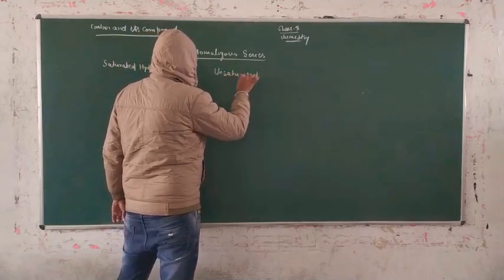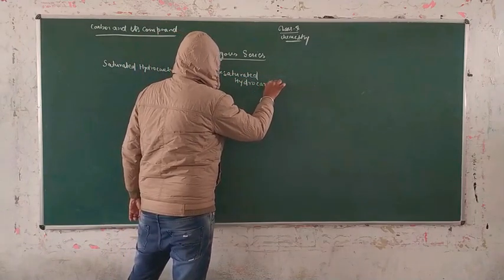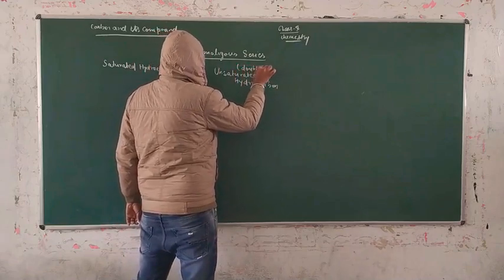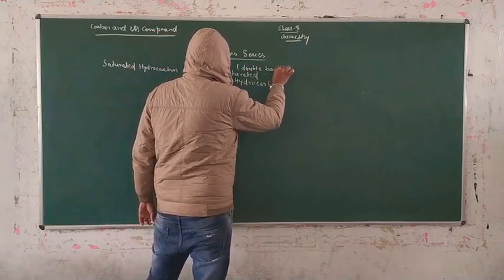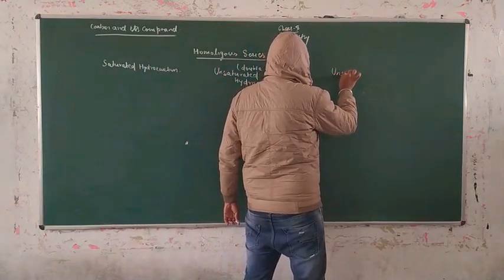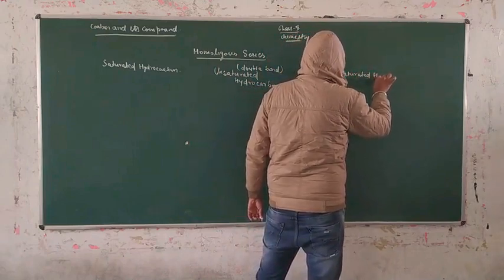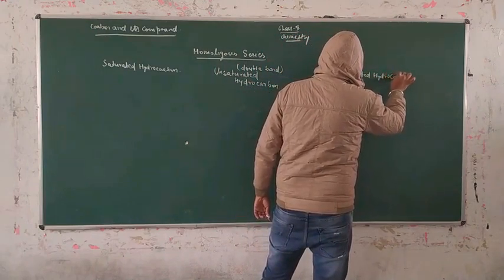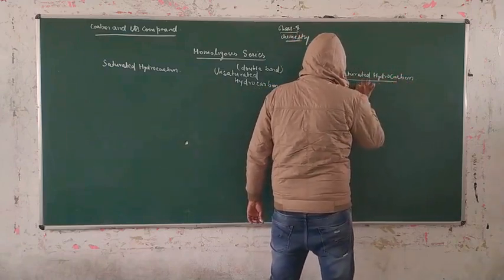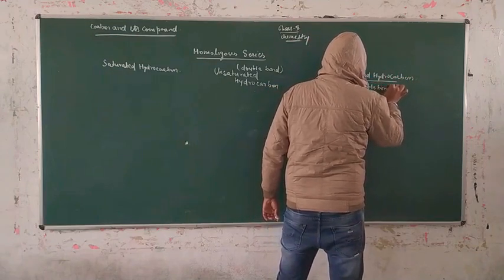Unsaturated hydrocarbon tends to the double bond. There is another classification also of unsaturated hydrocarbon, and this tends to the triple bond scenario.